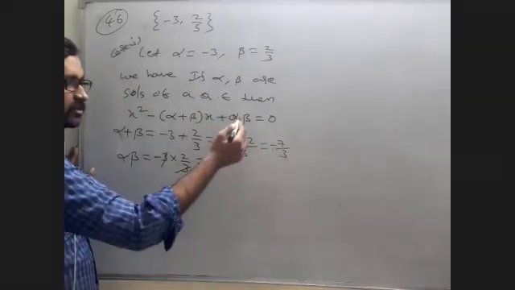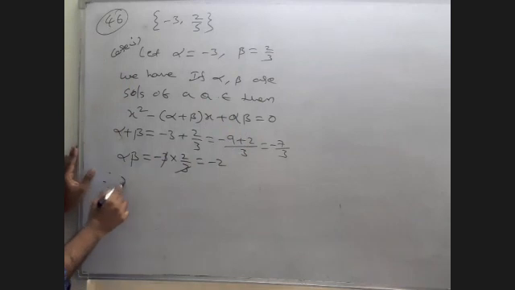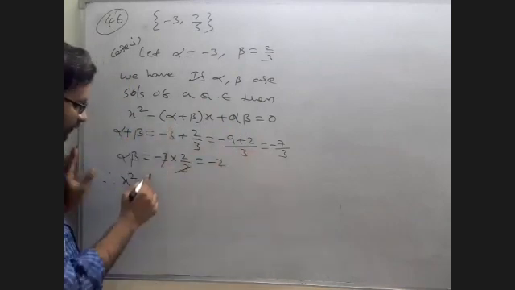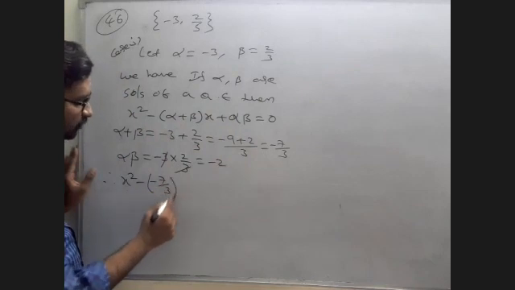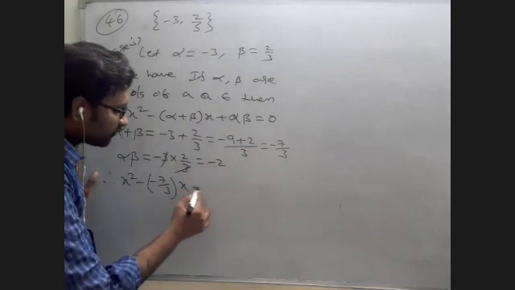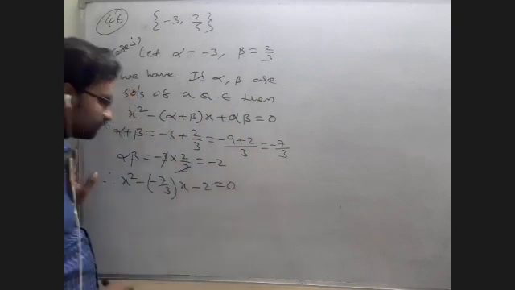Then substitute these two values in this equation. Therefore, x square minus the sum of roots, minus 7 by 3, into x plus the product of roots, minus 2, equals 0.